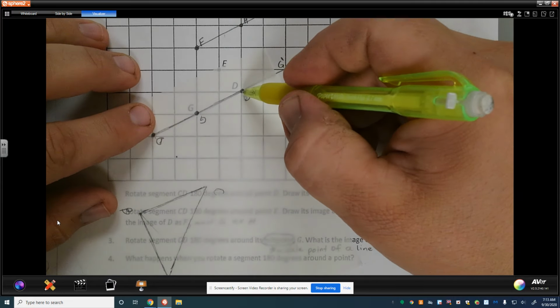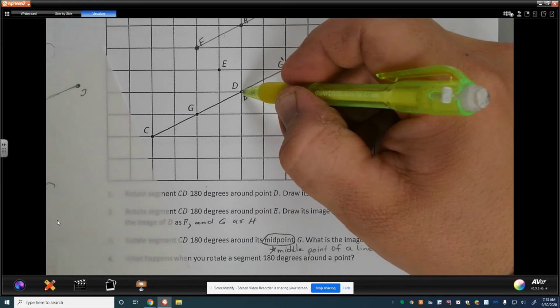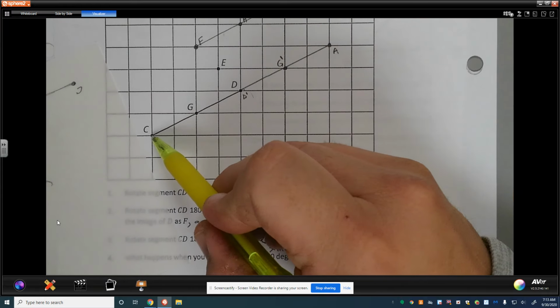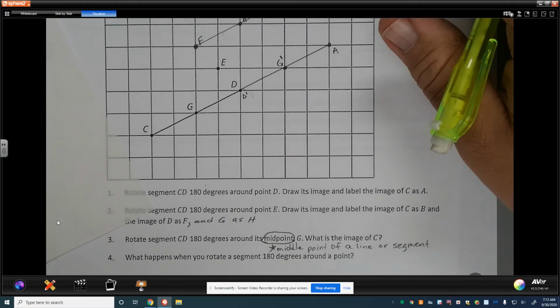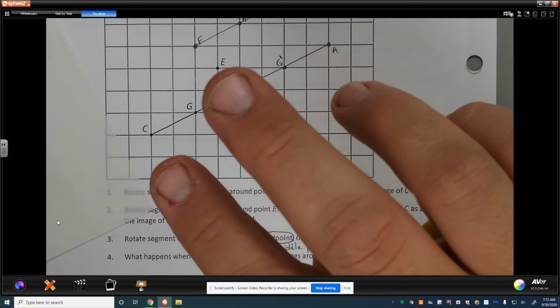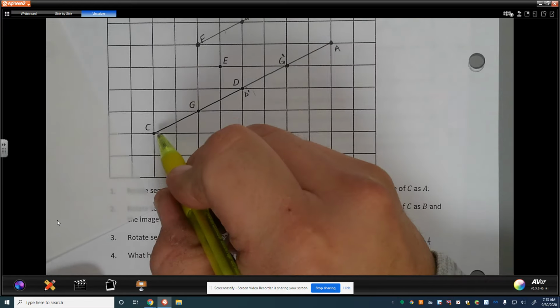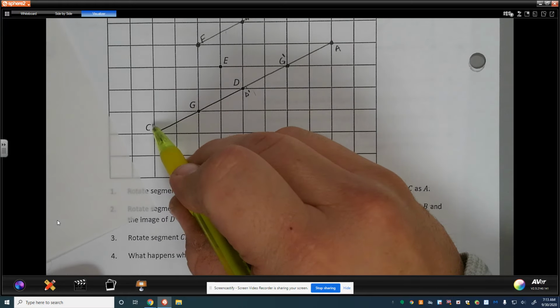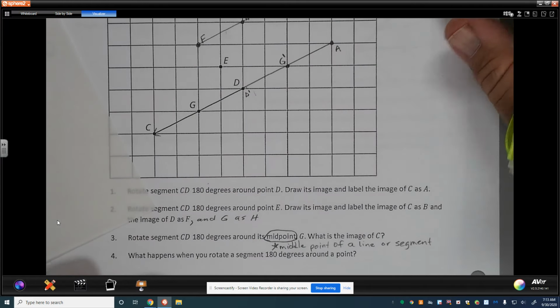Well, the image of C is right here. This is actually point D. And the image of D is point C. If we rotate our segment around that midpoint, all the line does is it rotates to its opposite direction. So if we had arrows on here, if we were pointing an arrow this way, that rotation of 180 degrees would just simply turn the arrow around to point the other direction.